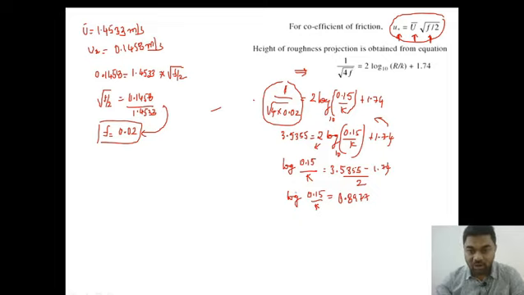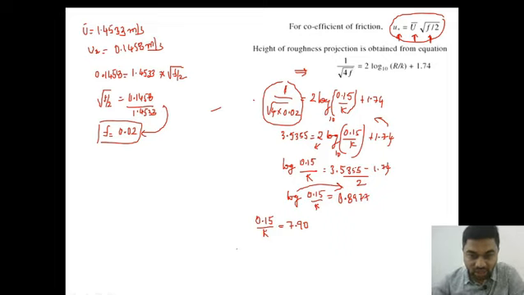If we send the log to the other side, it becomes anti-log. Anti-log of 0.8977 is 7.90, so 0.15 by k becomes 7.90.